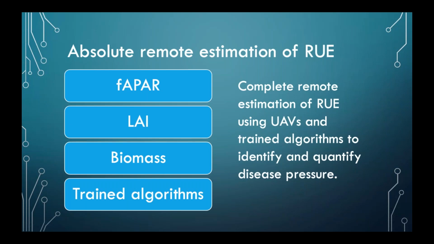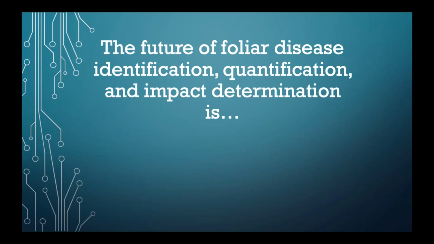And then the last part of everything is to incorporate these trained algorithms so we can identify diseases and their severity accurately, so we can incorporate that into our RUE estimation to get a better estimation of what's going on. And so I'll finish with where we started.